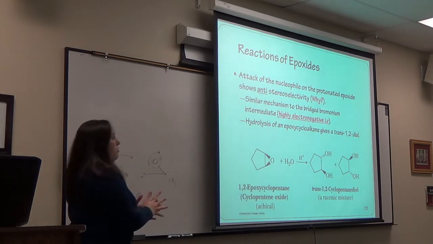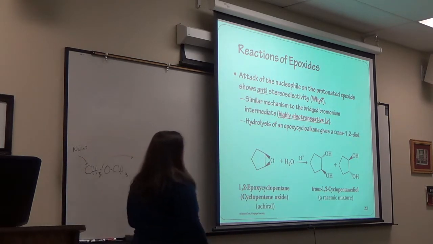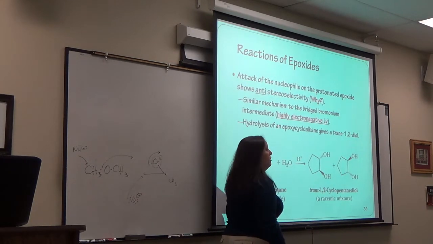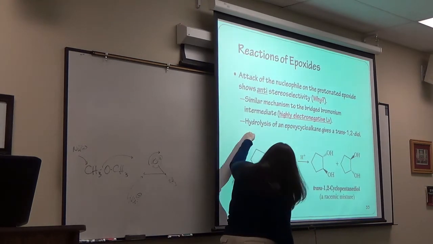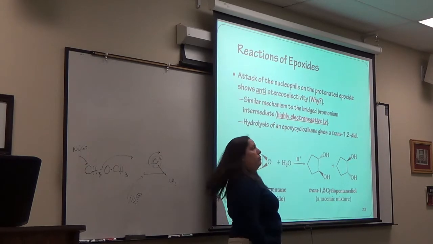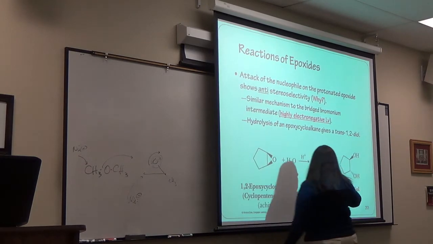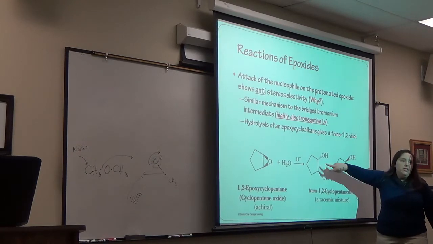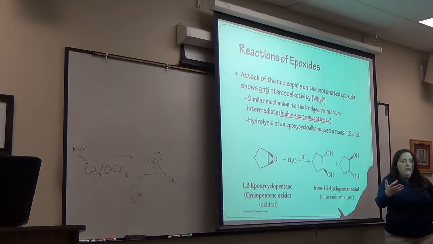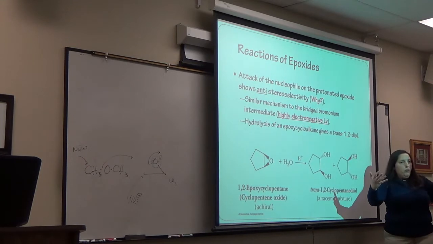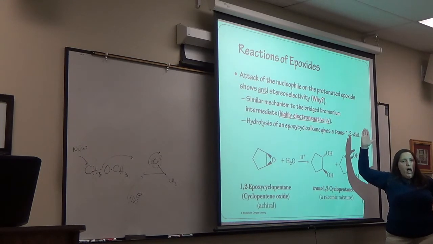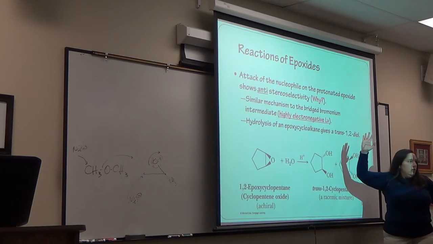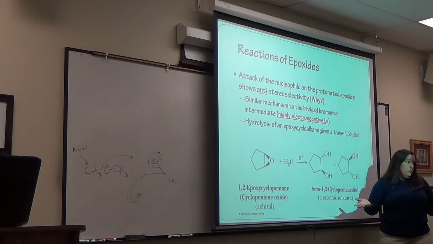Okay? And so this is an example here. You're going to attack from where? The bottom, away from, or you can do it from the top, away from the oxygen. So that's why you get two products, but they're both trans. Does that make sense? When you have an anti-attack, one thing is going to be going down, the other is going to be going up. So anti means a trans product, but you can have two possible trans.